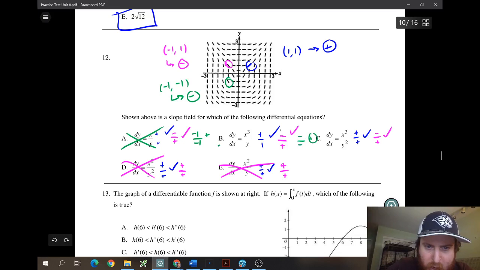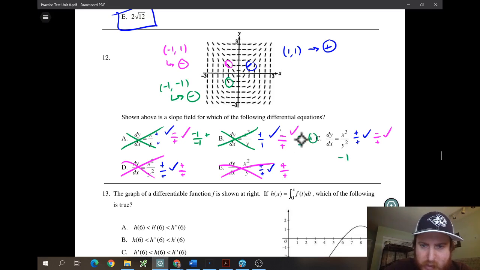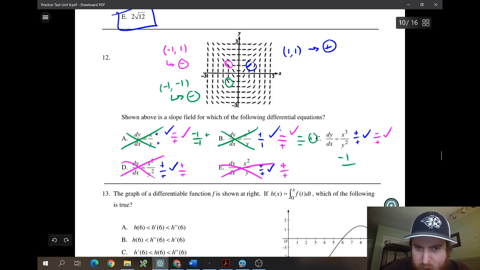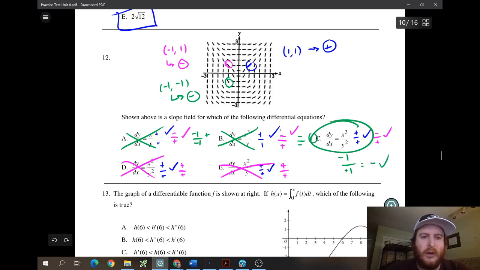Again, we wanted a negative value, and this was positive. -1 cubed is -1 over -1 squared is +1, which is a negative value. So our answer would be choice C. It's kind of a lot of work, but if you do it this way, you're always going to get the right answer. It just might take you a little bit of time.